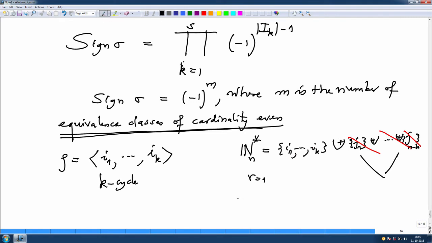So then the sign of this rho will be minus 1 power the cardinality here.